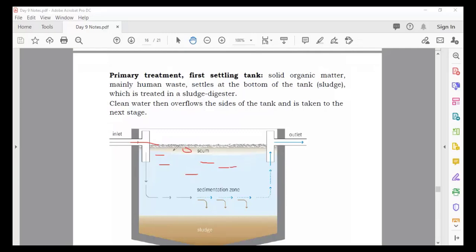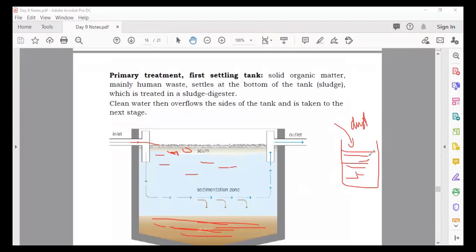All the large particles, dust, the dirt, will go down here. All of it will settle down. In the same way, if you have a glass of water and you mix dust in it completely and then leave it, after a few hours you'll find all the dust settles down.